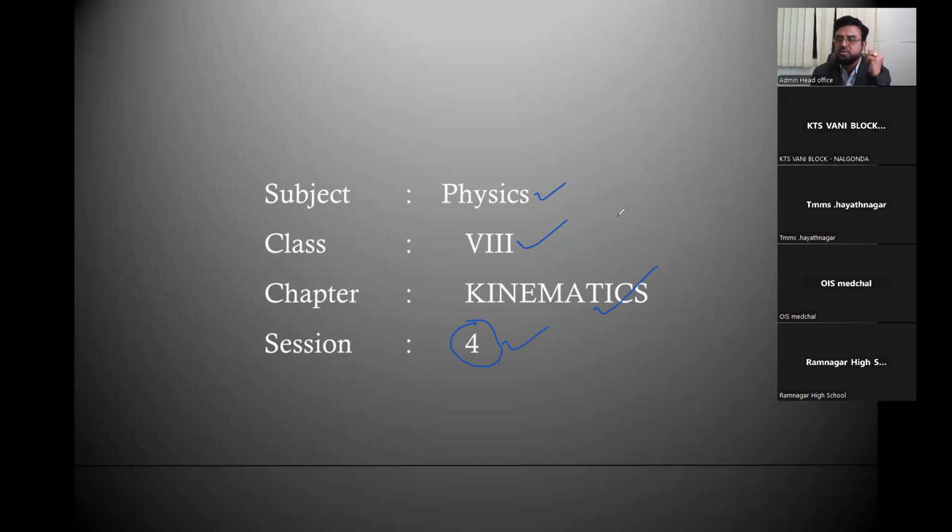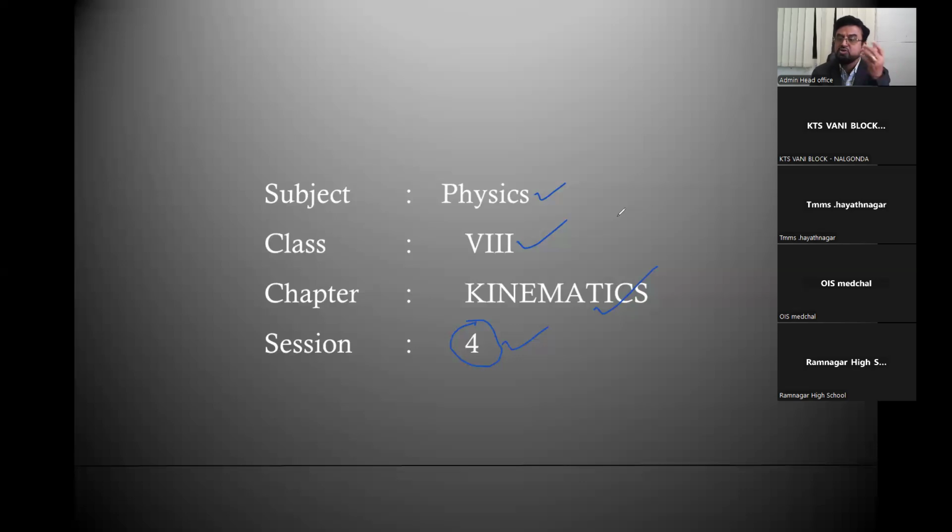So we study the motion of the body without knowing about the cause. We are not discussing the cause here. We are discussing only the motion. Whenever a body is in motion, we come across various terms like distance, displacement, speed, velocity, acceleration, retardation.